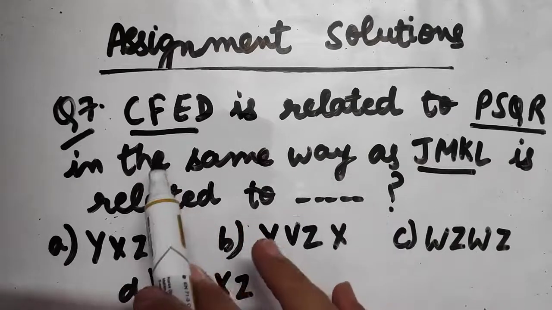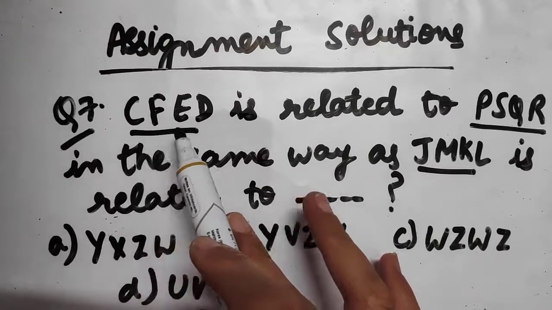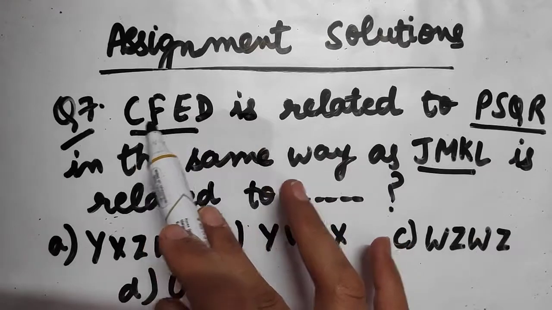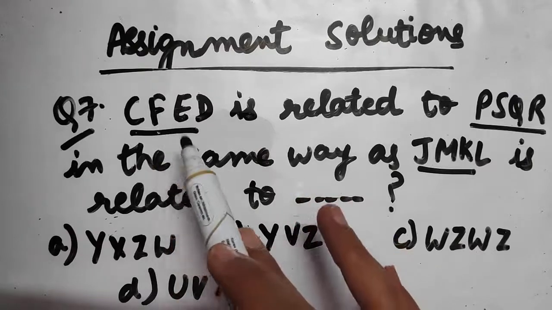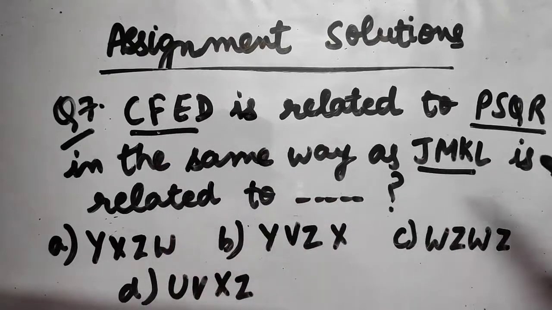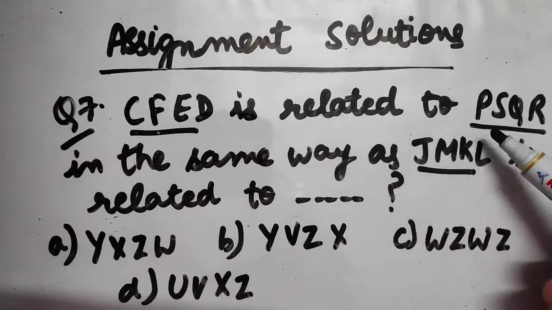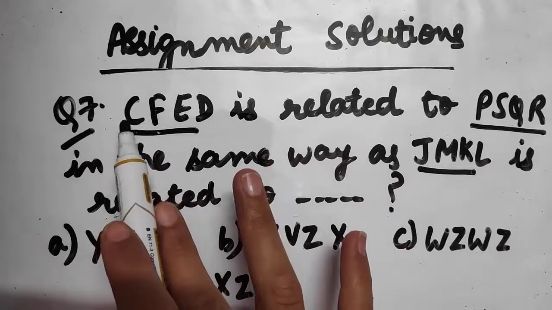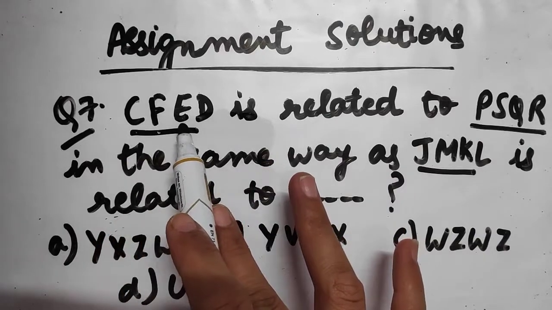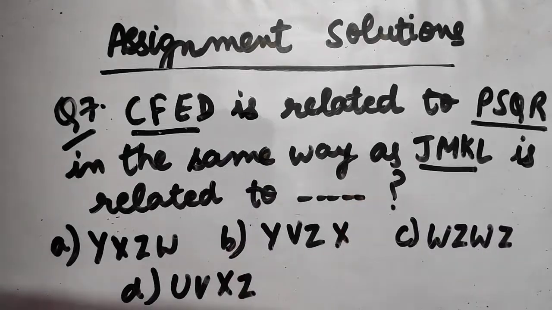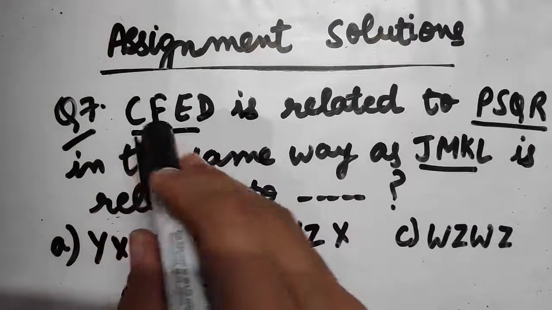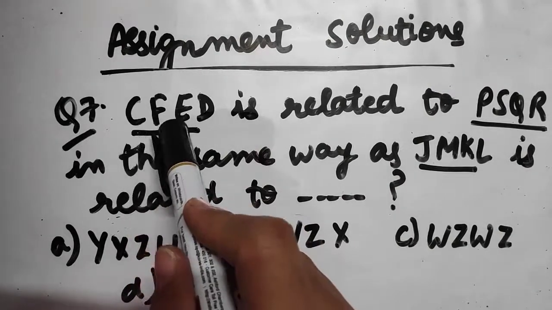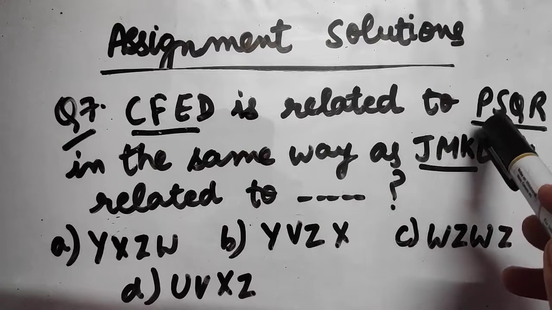So, dear children, in this question, the first and the second letters of the first group are each moved 13 steps forward. I am repeating it. The first and the second letters of the first group are each moved 13 steps forward.